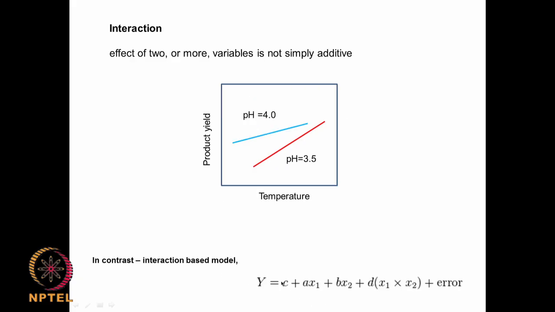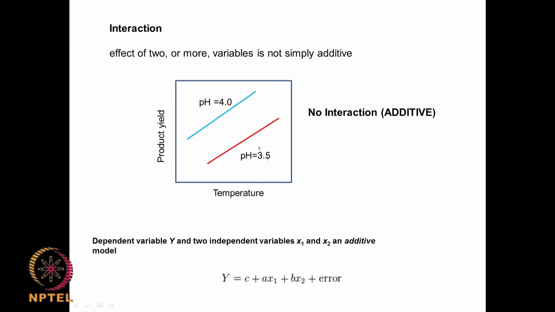We may have to write y equal to c plus ax1 plus bx2 plus d x1 into x2, and this is called interaction, x1 into x2. As you can see here, at pH 3.5 it is consistently going up when you change temperature, whereas at pH 4 it is going up and then sort of flattening out, right. So, it is not like this situation.